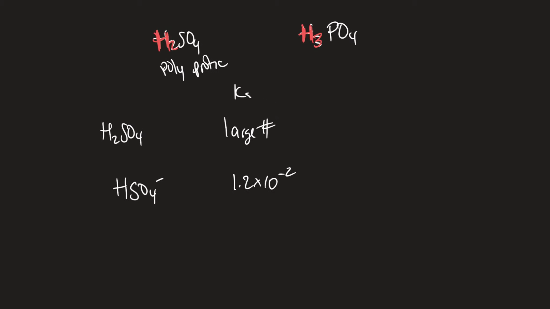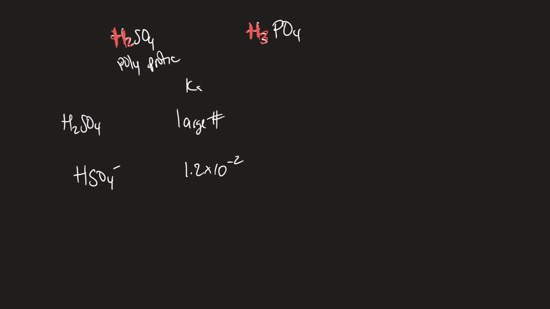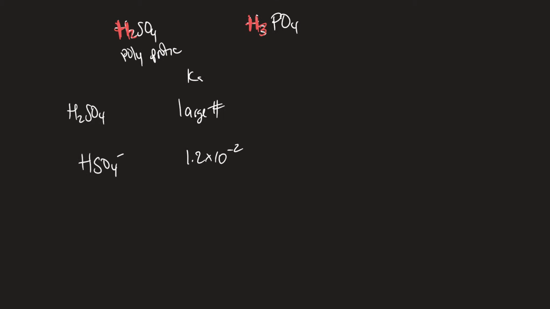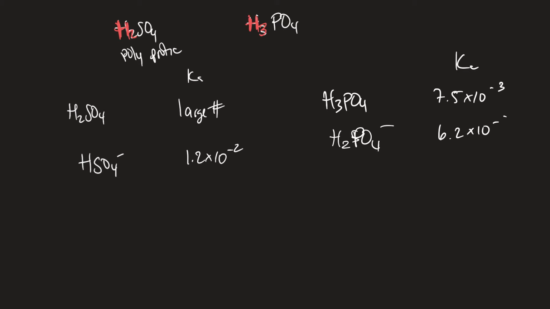Now, we see this trend even more with phosphoric acid, because H3PO4 is not a strong acid at all. When you consider its Ka, it is 7.5 times 10 to the negative 3. If it loses a hydrogen to become H2PO4 negative, the Ka value is 6.2 times 10 to the negative 8.